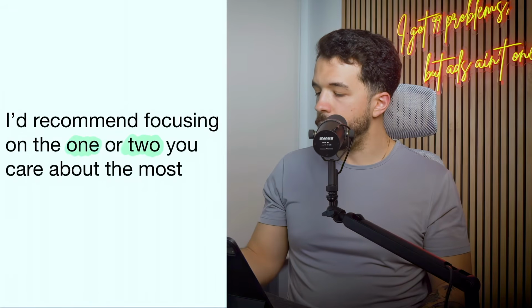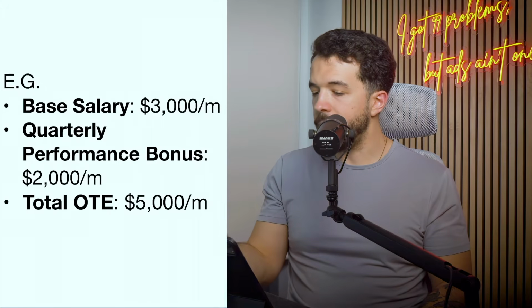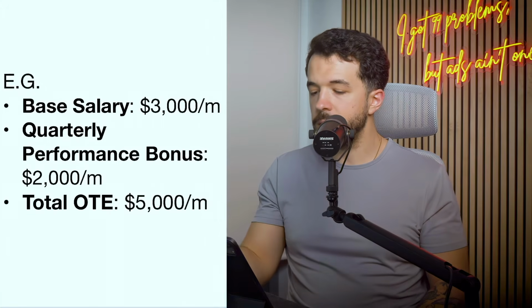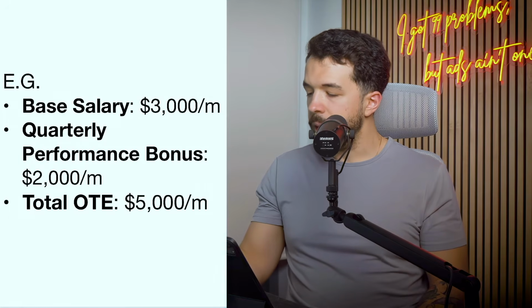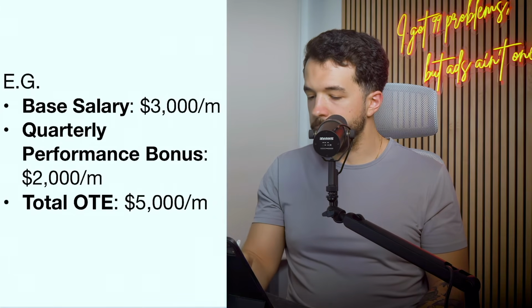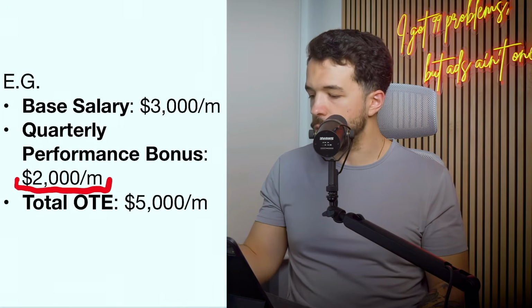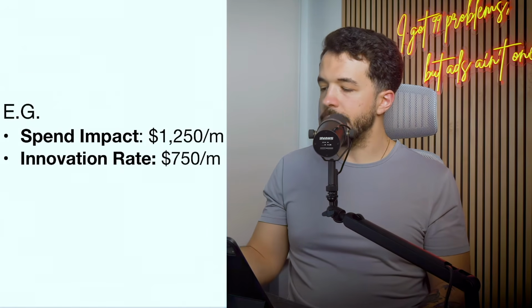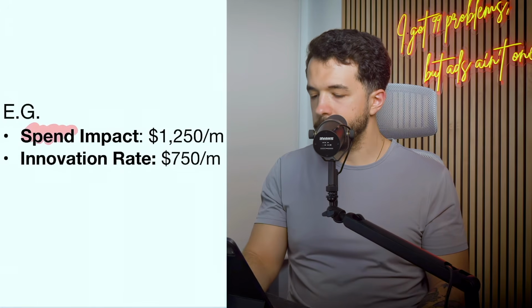Now, let me give you an example of what this would look like in practice. So let's say we have a base salary of $3,000, like we said, a monthly performance bonus of $2,000, and a total OTE of $5,000. And now we want to break down the monthly performance bonus within the metrics that we decide to go for. In this case, for this example, the 2 metrics are the spend impact and the innovation rate.